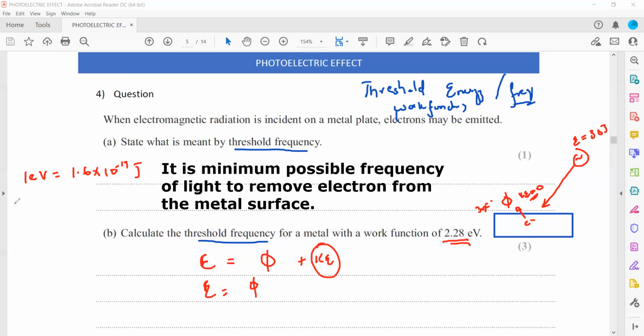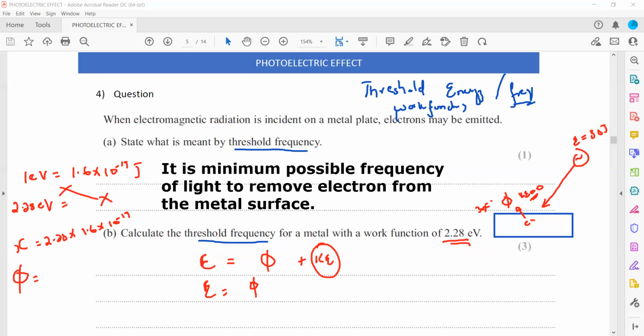So if we have 2.28 electron volts, we cross multiply: 2.28 multiplied by 1.6 into 10 to the power minus 19. So when we multiply, we'll get the work function, and that work function will be in joules.